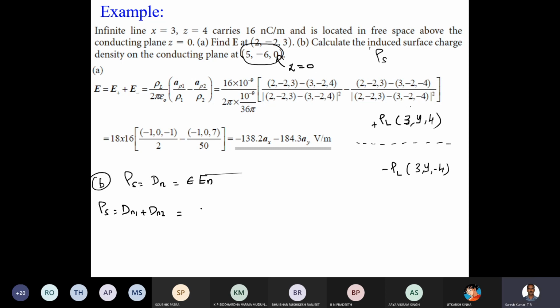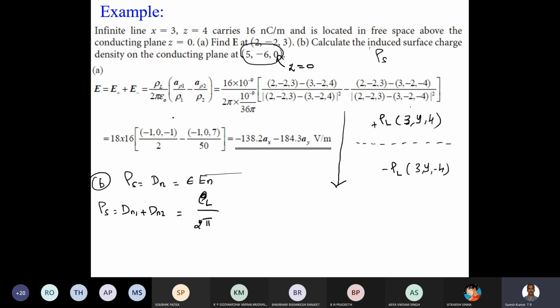So dn1 plus dn2. So now directly if I copy and paste, maybe you can do it, no issue, you can do it once again. So dn1 plus dn2. Don't worry about this, you just directly put all those values, like now directly let me write rho l over 2 pi, right?